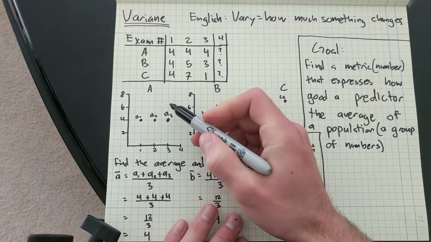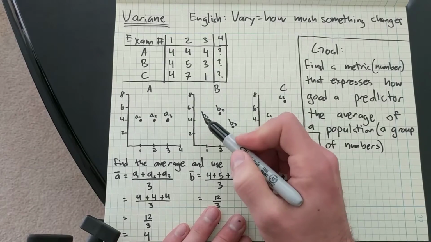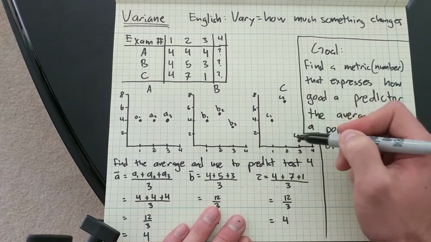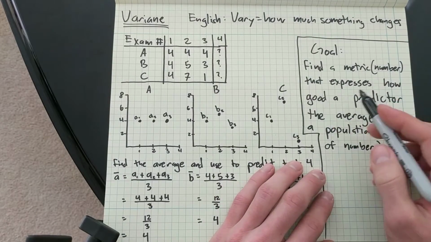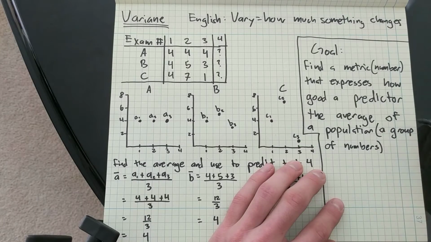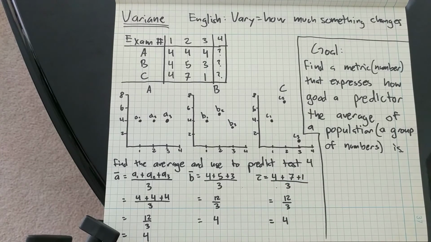So for A, our population is A1, A2, A3. For B, our population is B1, B2, B3. Same for C, our population is C1, C2, C3. So find a metric that expresses how good a predictor the average of a population is. That's our goal, and we'll get into this in the next video.